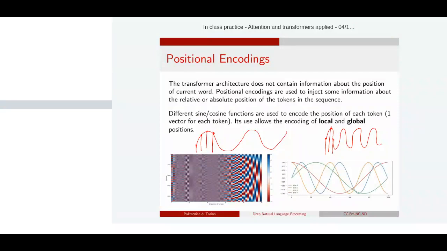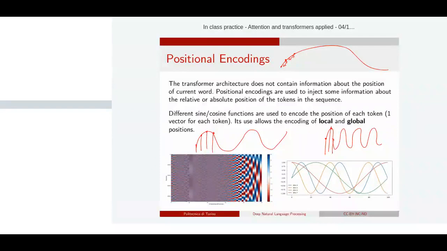If I have a very low frequency, so a very high period, the elements in the sequences will have very close numbers, right? Because I'm using a sine wave with a very high period and a very low frequency.